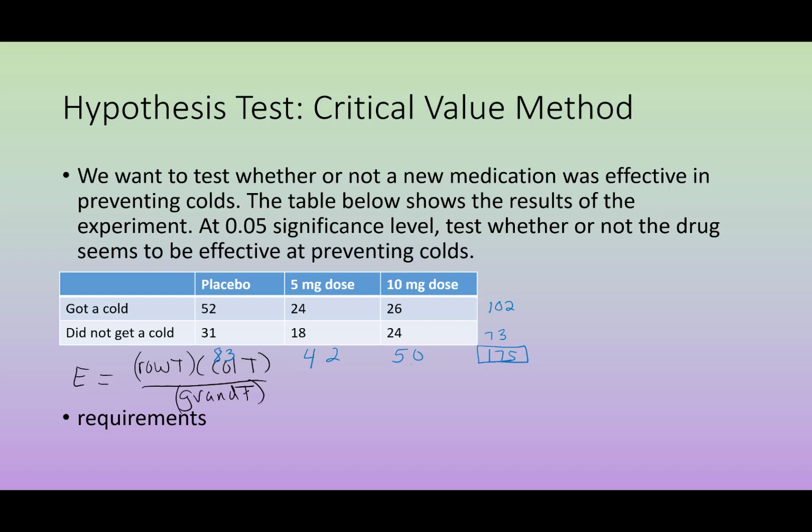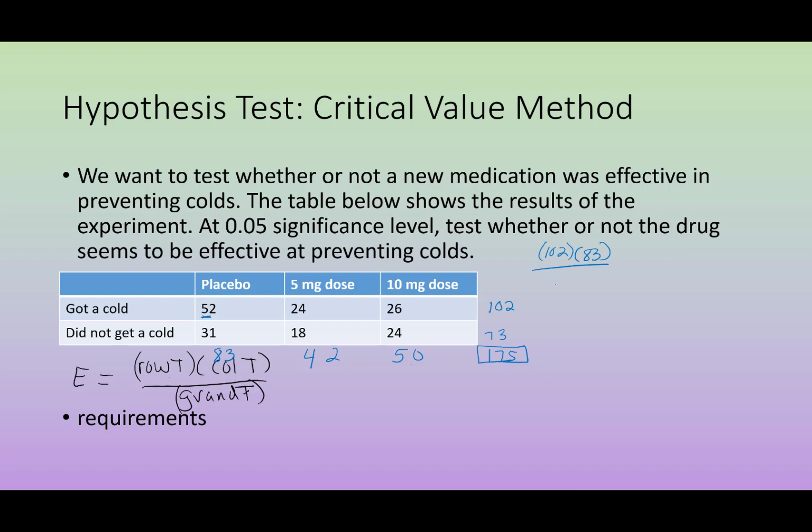So now, in order to find my expected value, I'm going to start with the cell that has the 52 in here. So it says I need to take my row total. Well, the 52 is in the first row, so I would take 102 times my column total. Well, the 52 is in the first column, so I would times that by 83.